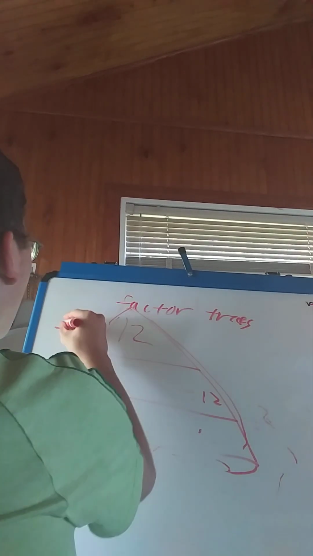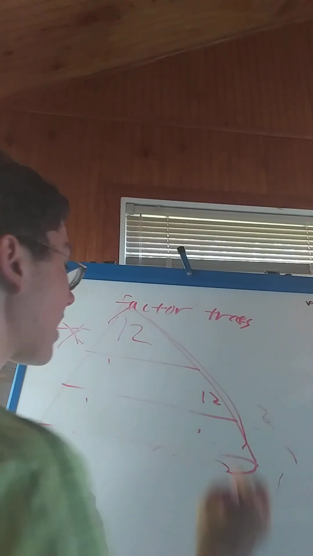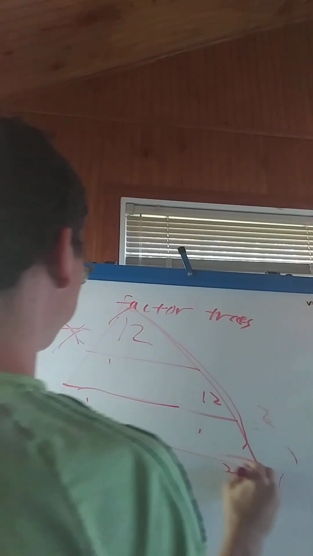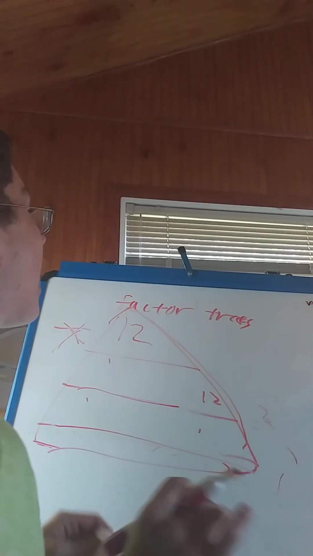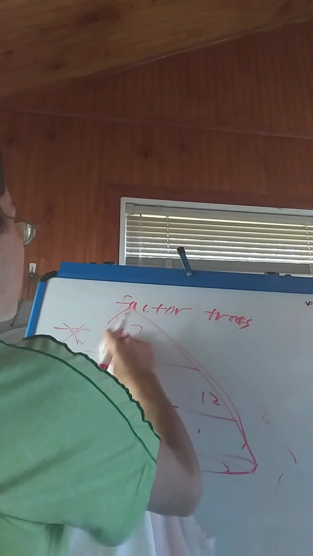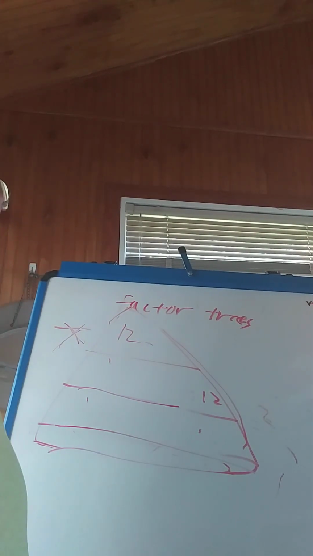Now we're going to be moving on to multiplication. Okay, now we're going to move on to multiplication here. So multiplication. Now, the very, very first one for 12 is 12 times 1.